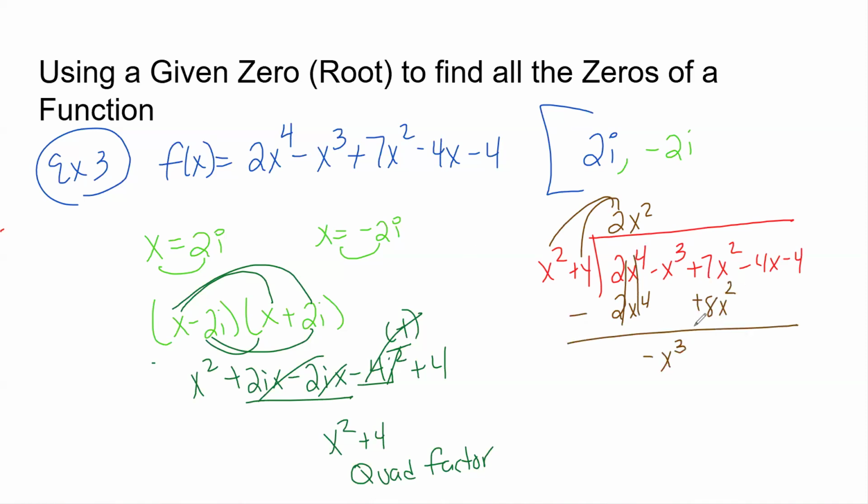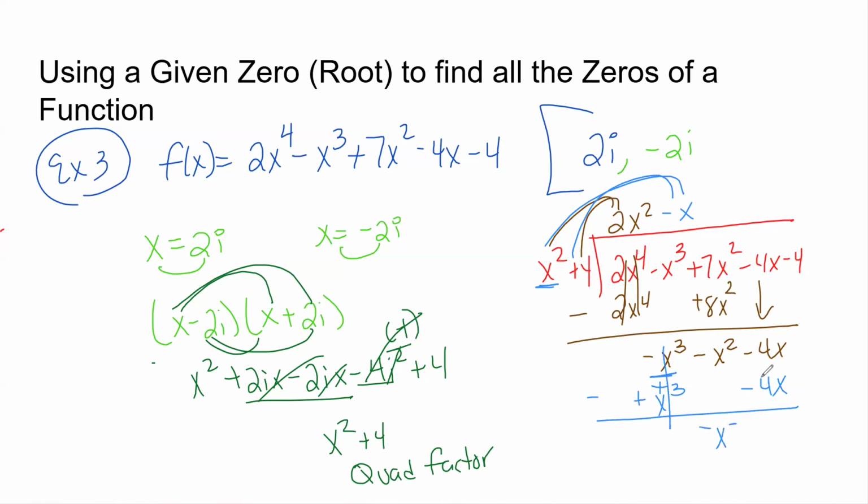Drop down, drop down, drop down. All right. How many times does x squared go into negative x cubed? Negative x. Subtract, this will turn to plus, cancel, drop down. This will turn to plus and cancel, drop down.